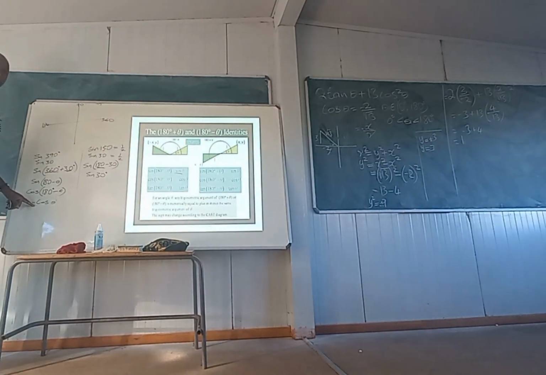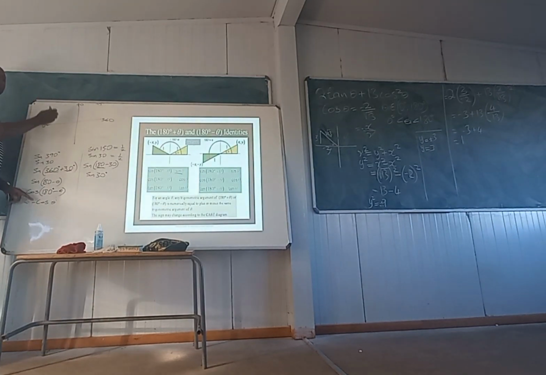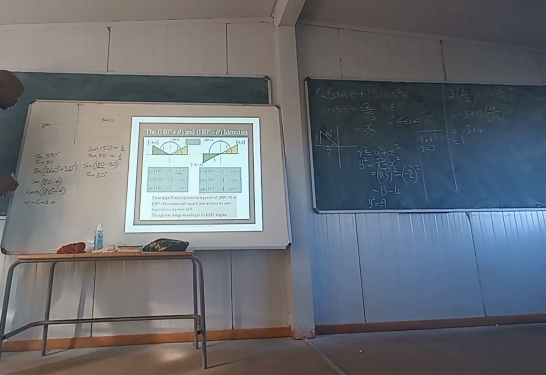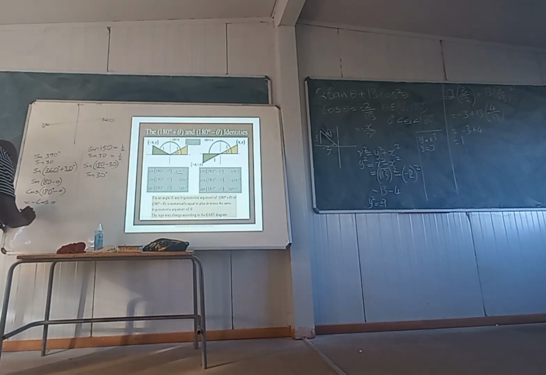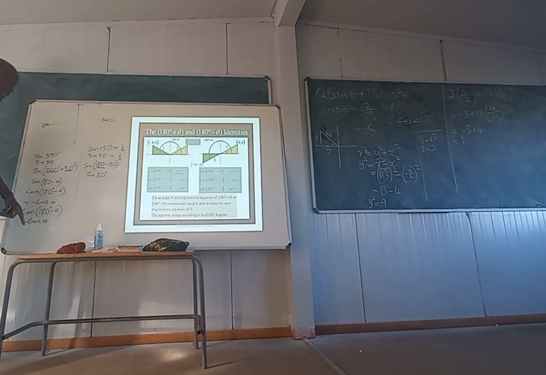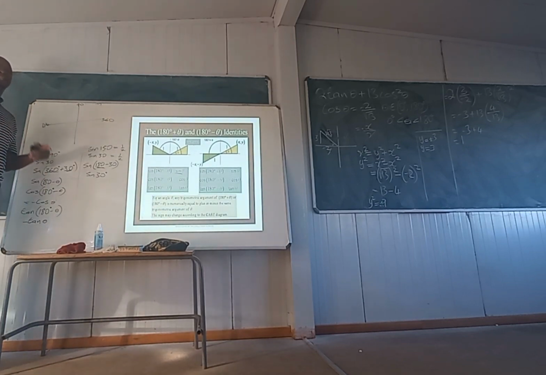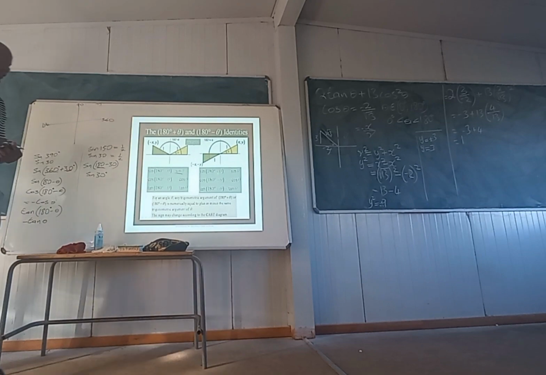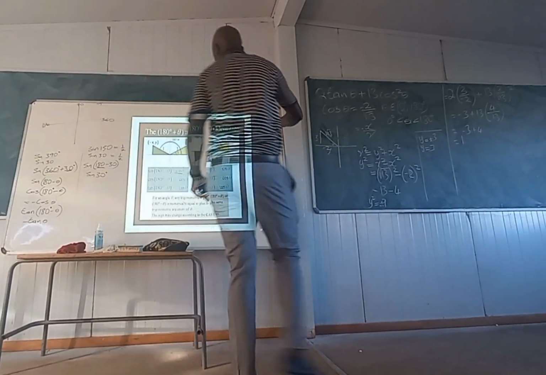Because cos in the second quadrant is negative. Then tan of 180 minus theta is negative tan theta. Why negative? Because tan in the second quadrant is negative.